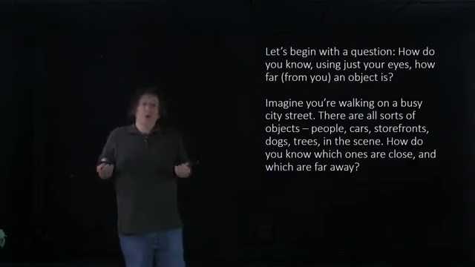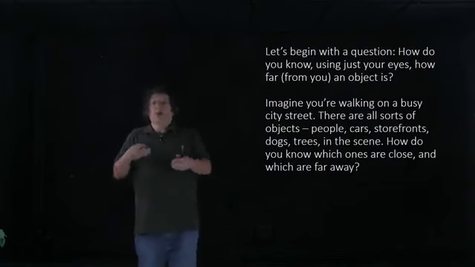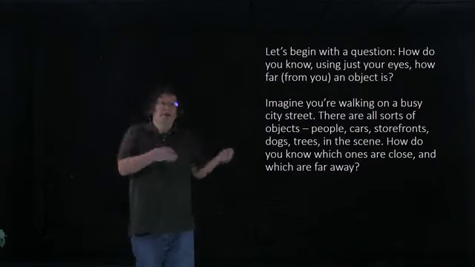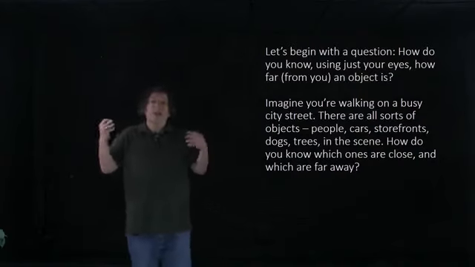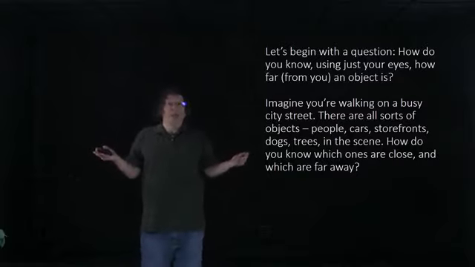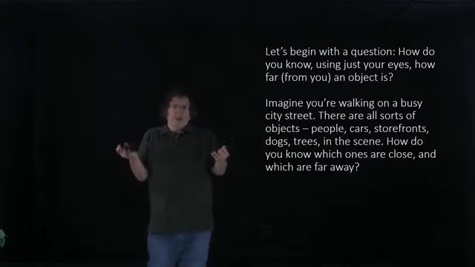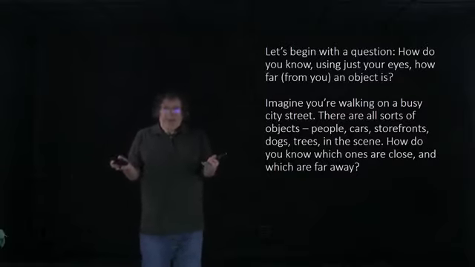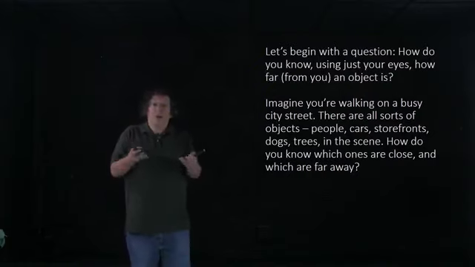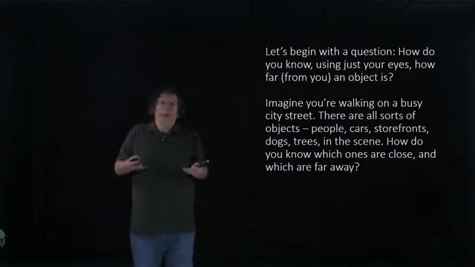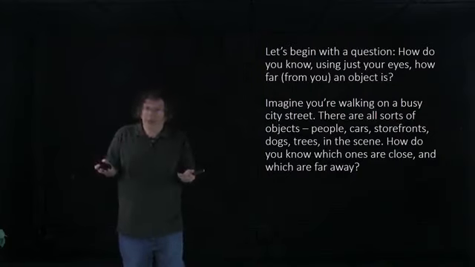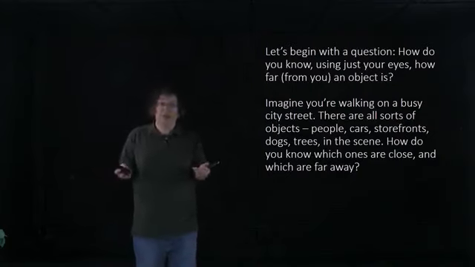Imagine, for example, you're walking on a street and there are people and cars and stores and dogs and all kinds of things in your line of vision. You have a number of cues that you're able to use to get a sense of how far or how close these objects are to you. One is that you already know the sizes of these objects.